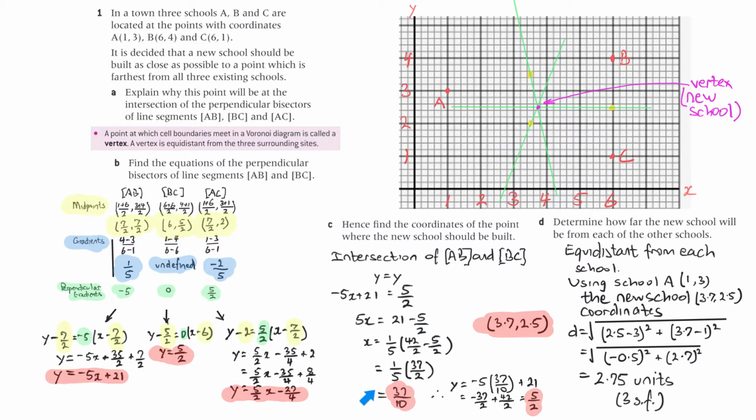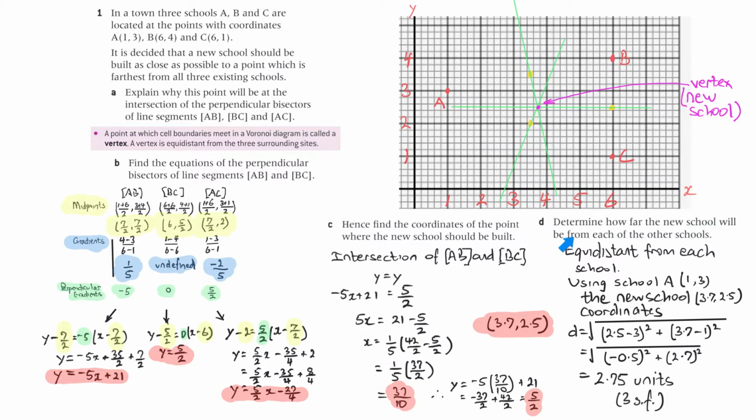We resolve that to x equals 37 on 10. Now that's 3.7, and that gives us the x value. We have to find the y value, so we put it back into any of these 3 equations. We can't put it in that one, but we can put it in this one here. We put x in here at 3.7, and we find that y is equal to 5 on 2. So the point is 3.7 for x and 2.5 for y.